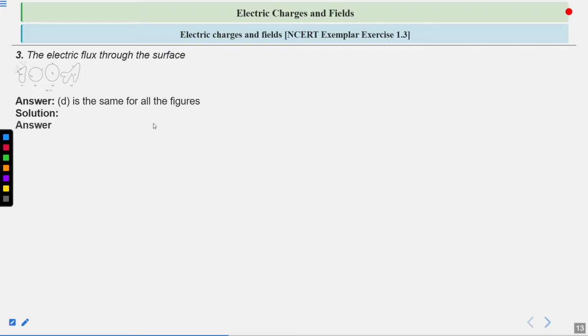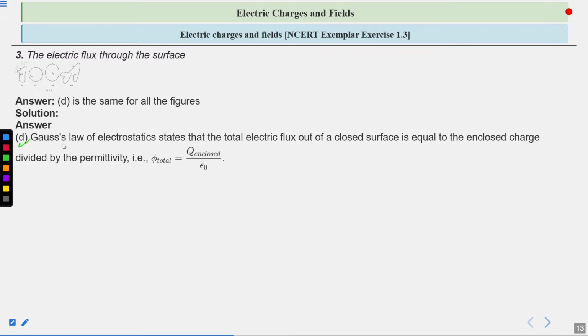Solution. Gauss's law of electrostatics states that the total electric flux out of a closed surface is equal to the enclosed charge divided by permittivity. The total enclosed charge is Q enclosed and the permittivity is epsilon naught.